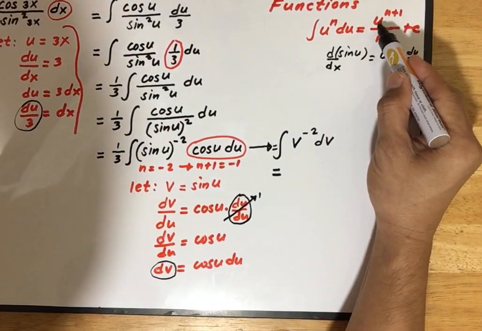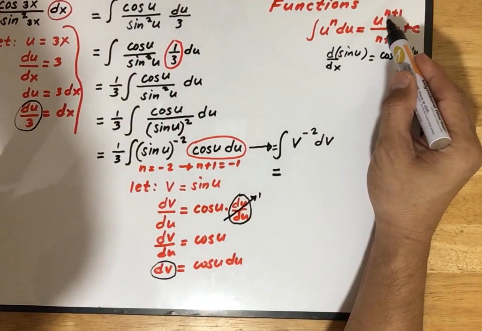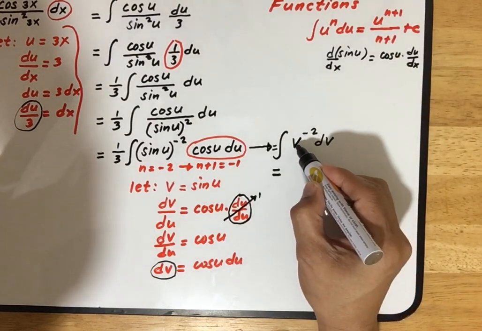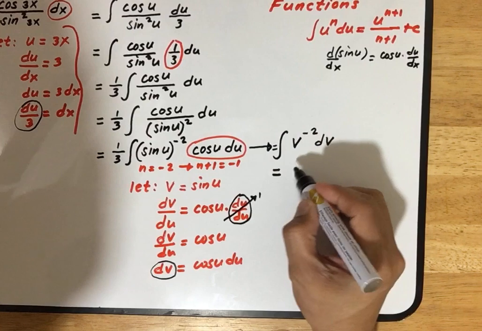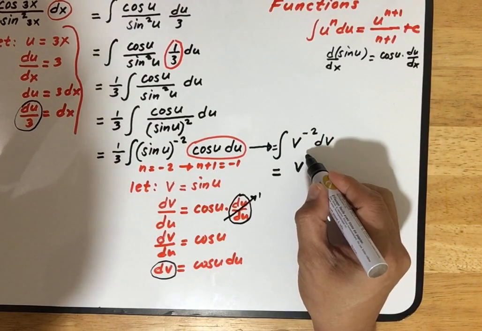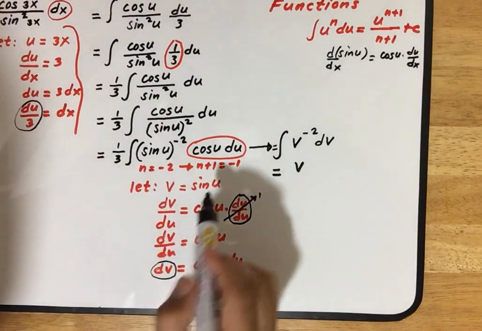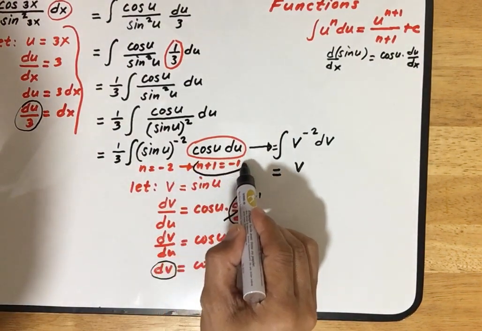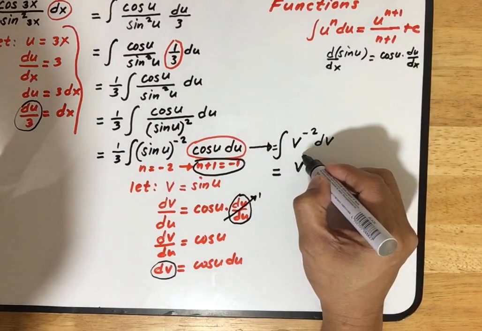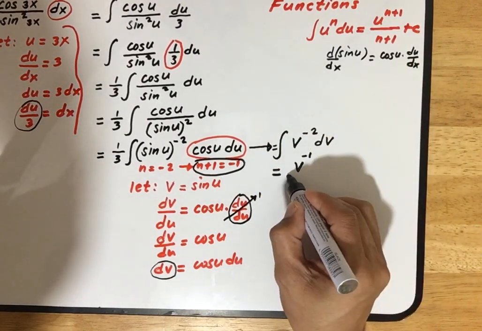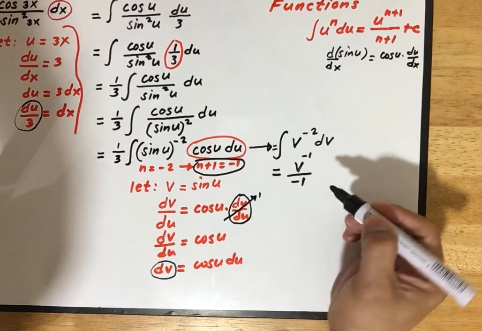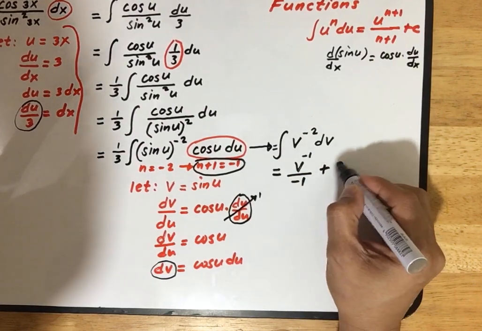The formula is u to the n plus 1, and now we have v, so this should be v to the n plus 1, where n plus 1 is equal to minus 1. So this is v to the minus 1 divided by negative 1, then plus c.